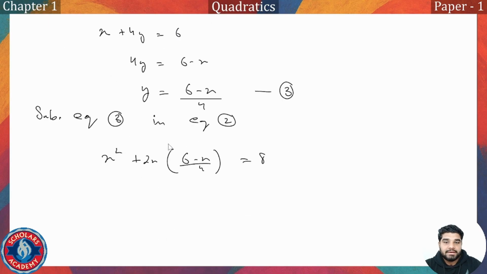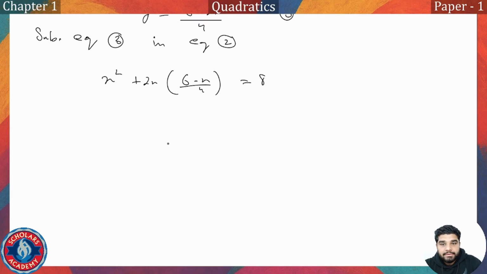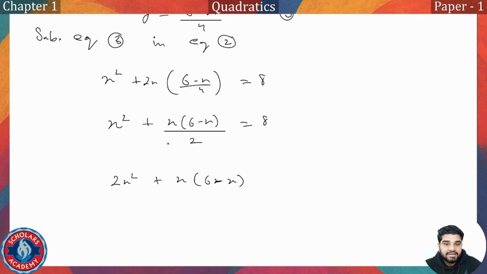So let's simplify it. What I get is x square plus, now this will get divided, we get x times (6 minus x) by 2 is equal to 8. Taking LCM, we get 2x square plus x times (6 minus x) is equal to 16.